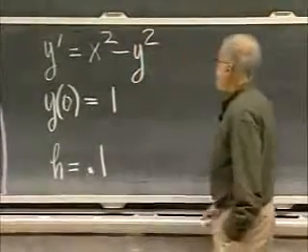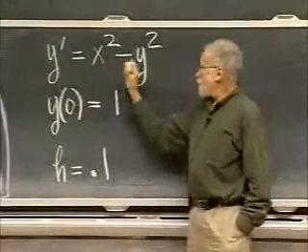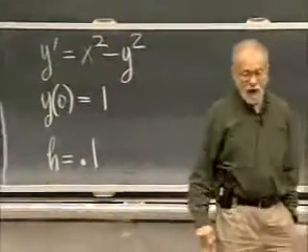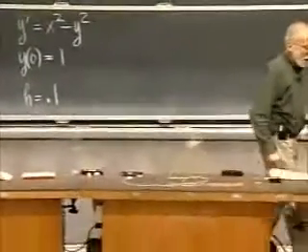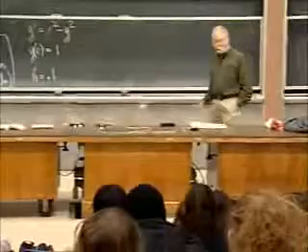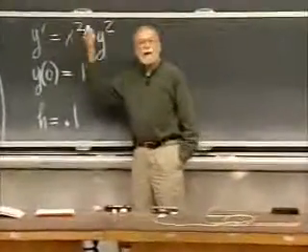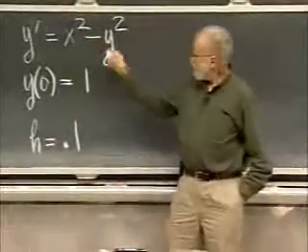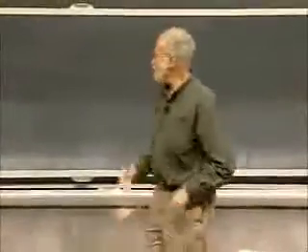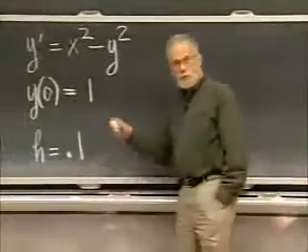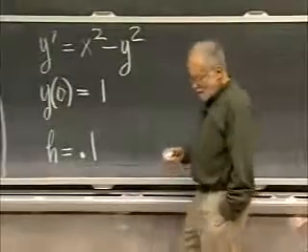Now, I say this is a non-trivial equation because this equation, as far as I know, cannot be solved in terms of elementary functions. So this equation would be, in fact, a very good candidate for a numerical method like Euler's. On your problem set, you drew a picture of the direction field and answered some questions about the isoclines, how the solutions behave.